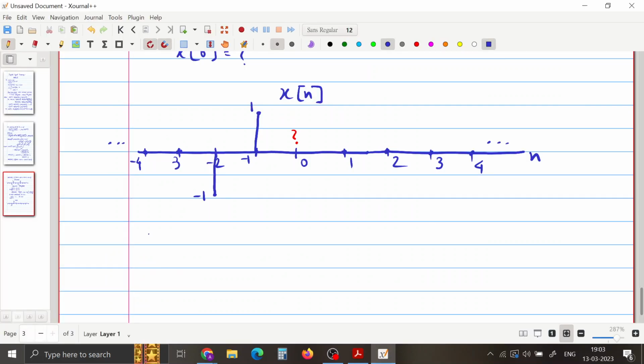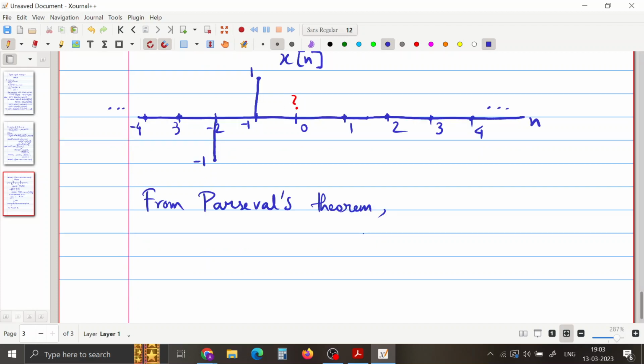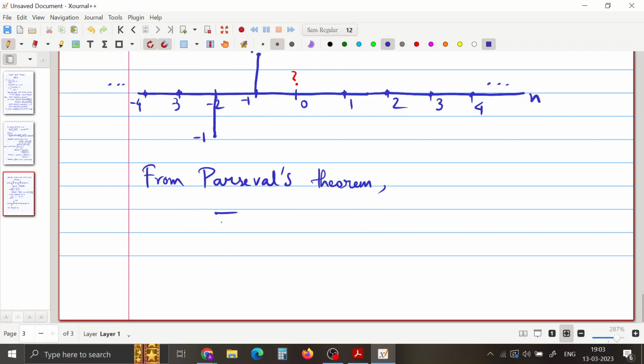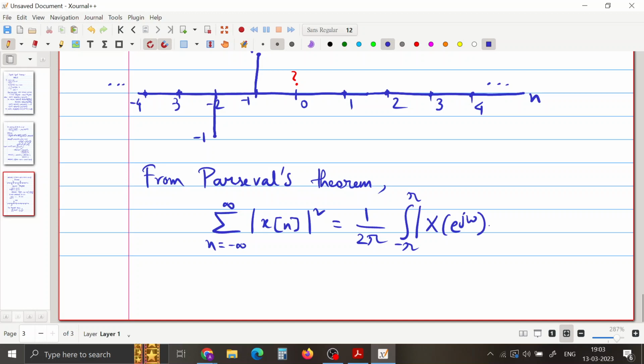So finally, from Parseval's theorem, we can say this is the same as this, and this has been given as 3.